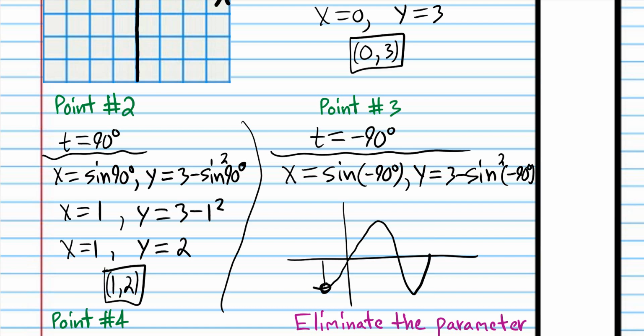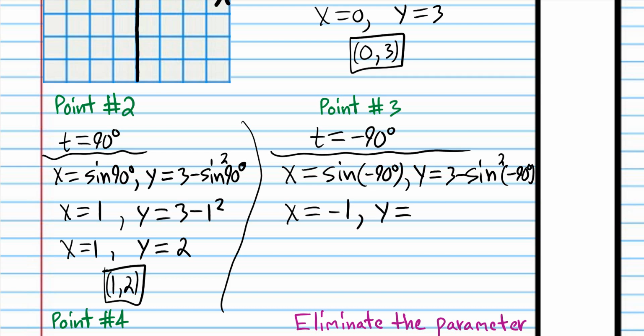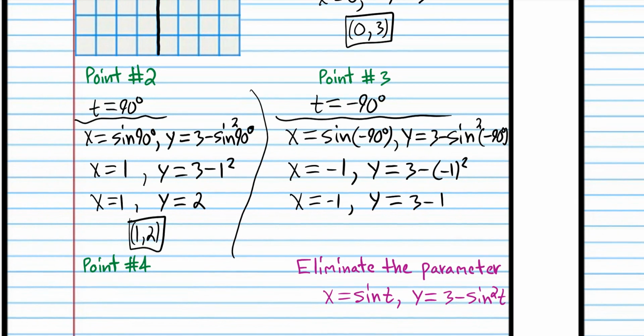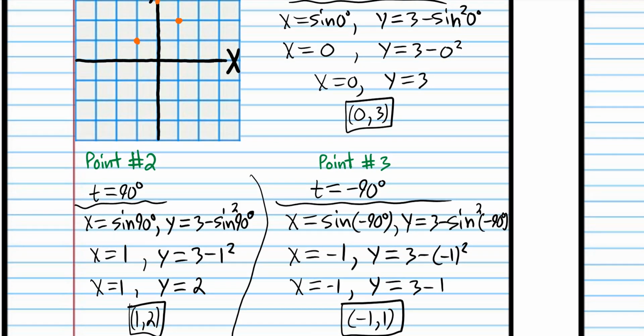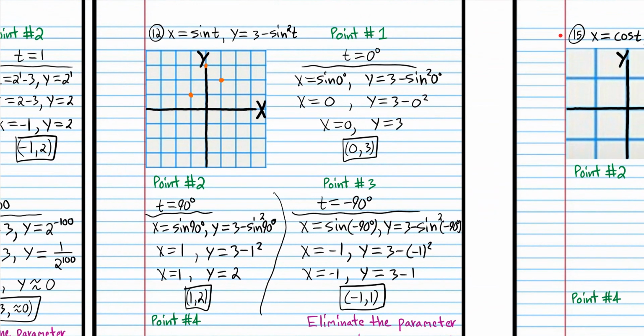So this corresponds to negative 1. So we have x is equal to negative 1, y is equal to 3 minus negative 1 squared. So we have 3 minus 1, negative 1 squared is 1, and our point is negative 1, 2.